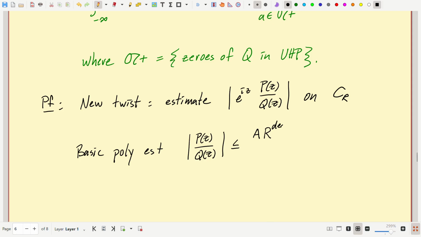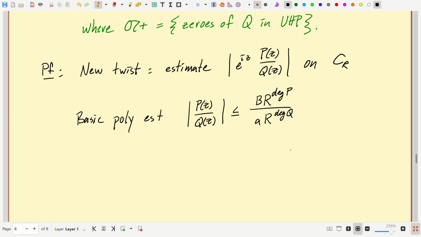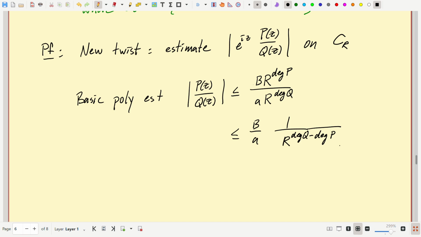r to the degree of P. And on the bottom, I'd get a little a, r to the degree of Q, and that's less than or equal to a constant b over a times 1 over r to the degree of Q minus the degree of P. And if I have r bigger than or equal to 1, that's less than or equal to a constant times 1 over r when r is big. And if it was r squared or higher, that would be even smaller.